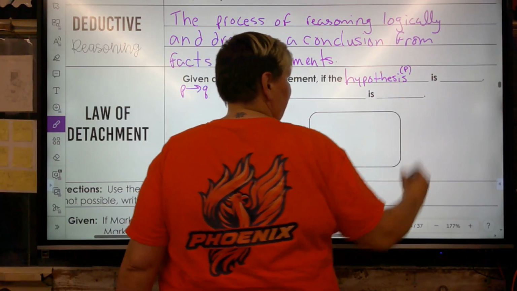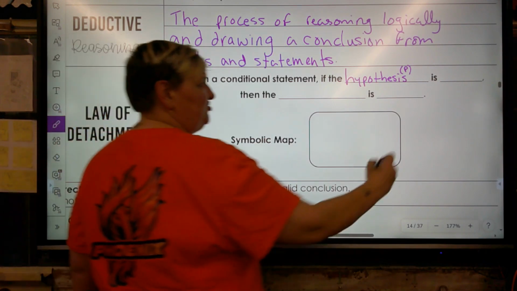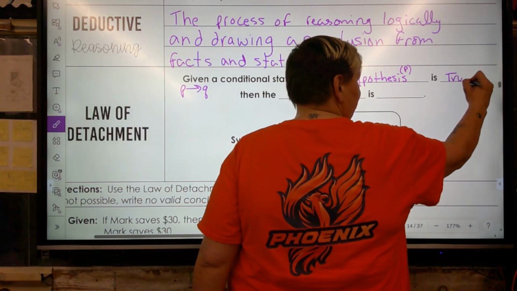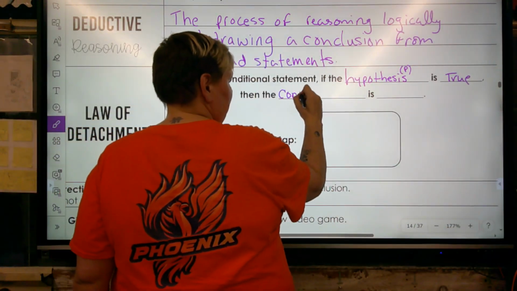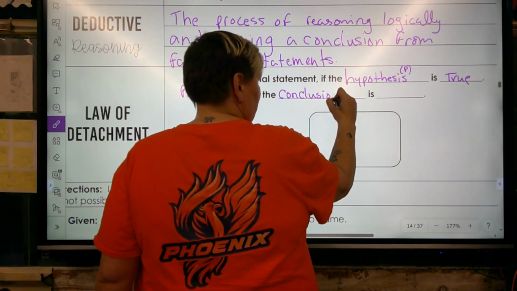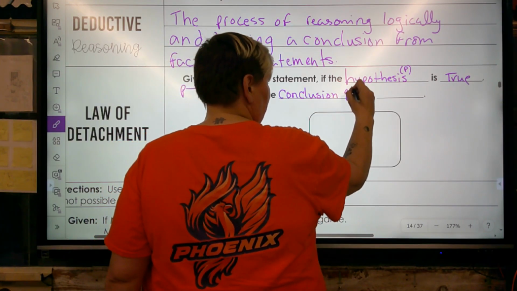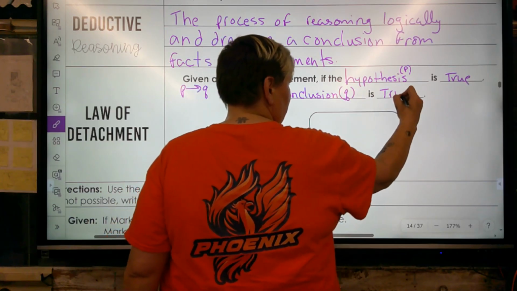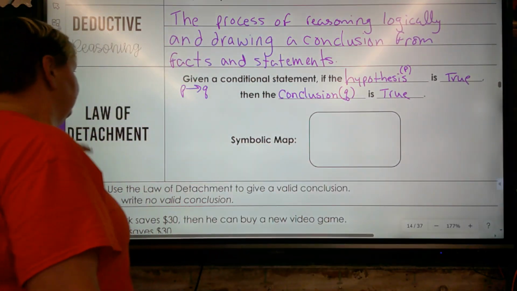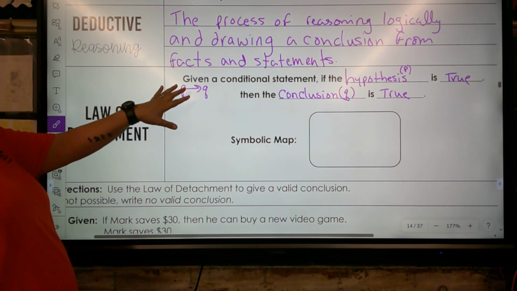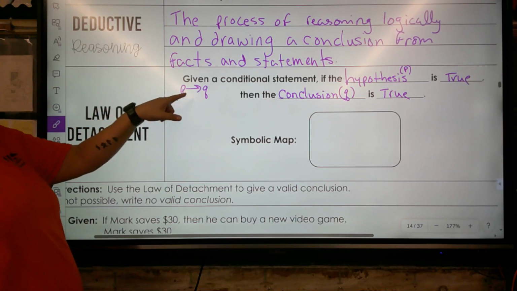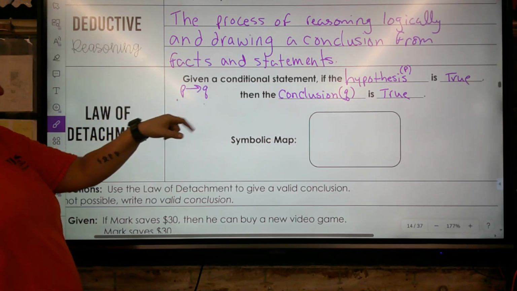That's your P. If your hypothesis is true, then the conclusion, that's your Q, is also true. The law of detachment says that if you are given a conditional statement, if the P is true, then the Q is also true.